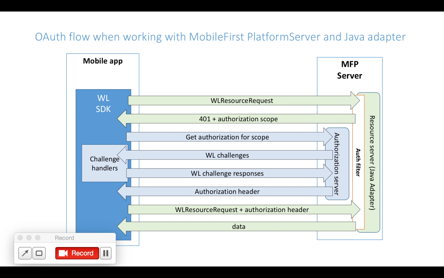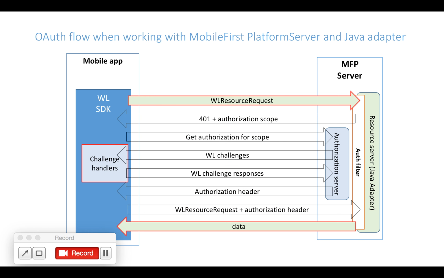At this phase, the client will once again make the original request, but this time with the authorization header. The authorization filter will see that the header is present, validate it, see that everything is fine, and eventually return data from the Java adapter. The resource server, or Java adapter, will return data. So this is the basic flow when working with Java adapters.